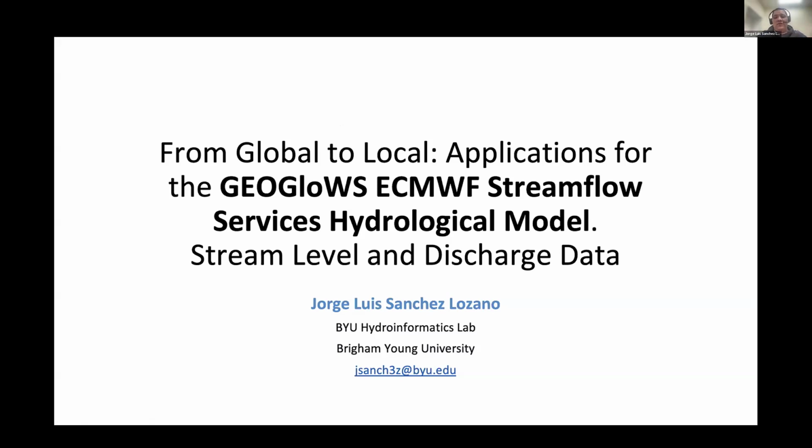I am going to show you some applications for the GeoGloWS Streamflow Services hydrological model, but before that I will give you a background about the GeoGloWS project and the science behind all of the work we have done with the GeoGloWS model.